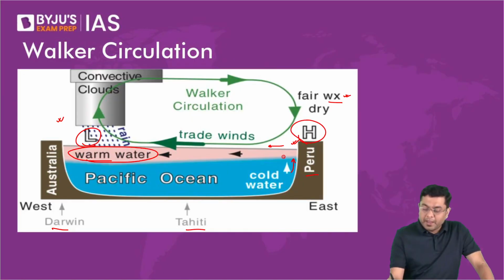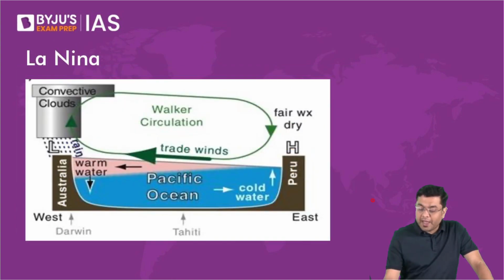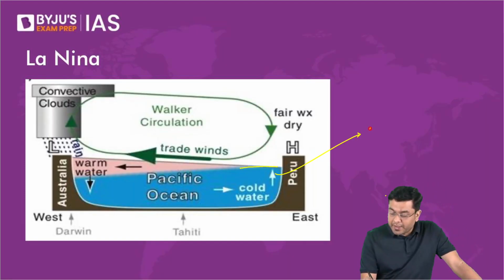In the normal conditions, that is the neutral conditions or the normal Walker circulation, upwelling was happening, but still some warm water was present. Now, if you fast forward to La Nina, you will find that there is almost no warm water present because you experience a greater rate of upwelling.